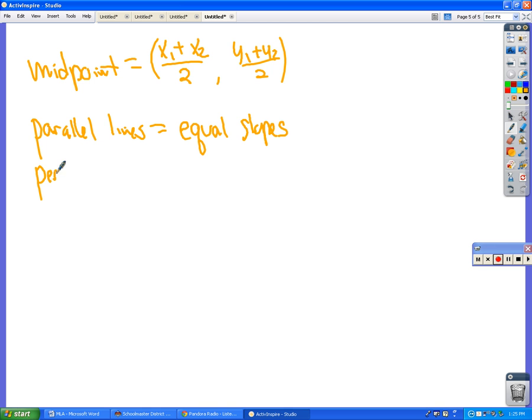And what is true about the slopes of perpendicular lines? Opposite reciprocals of each other. Okay, so those are some things hopefully that you can remember.